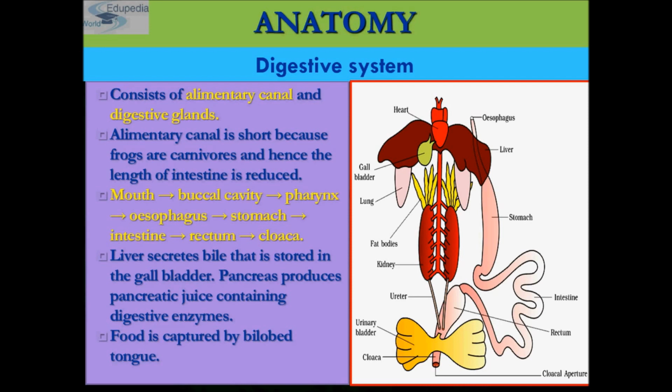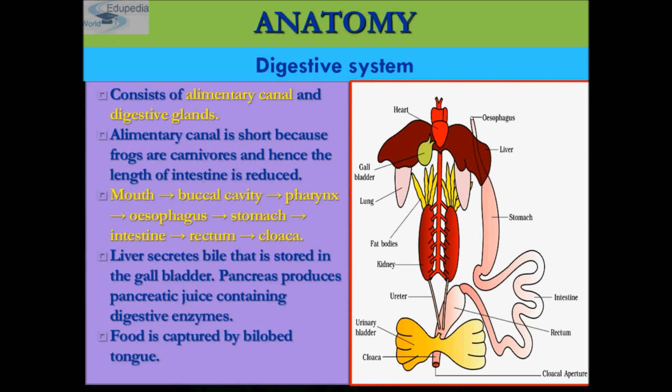The duodenum receives bile from the gallbladder and pancreatic juice from the pancreas through a common bile duct. And what does bile do? Bile emulsifies fat and pancreatic juice digests carbohydrates and proteins.